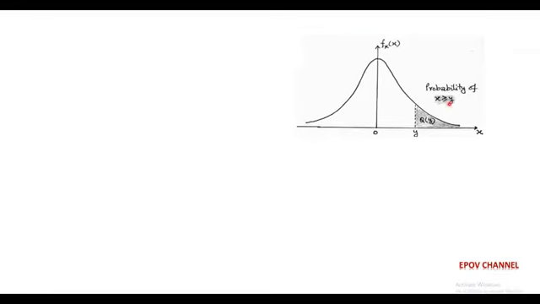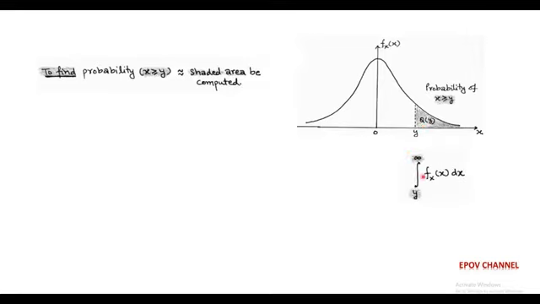Now, in order to determine the probability of observing x greater than or equal to y, we have to compute the shaded area. To find the shaded area, we have to integrate the Gaussian PDF function with respect to dx, taking limits from x equals y to x equals infinity.